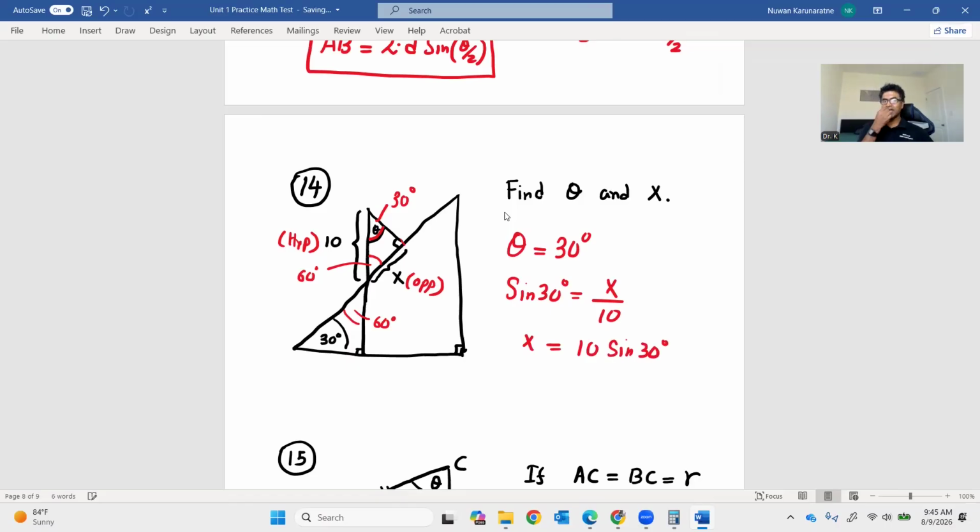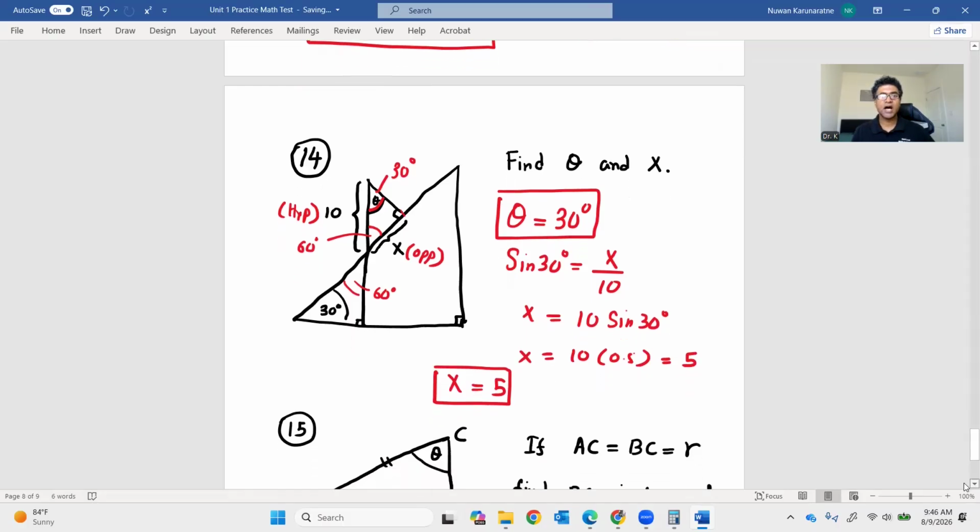Again, I told you sine 30 is a number very easy to understand. It's 0.5. So the answer is 10 times 0.5, which is 5. So theta is equal to 30 degrees, and our x value is equal to 5. That's how you do that, okay?